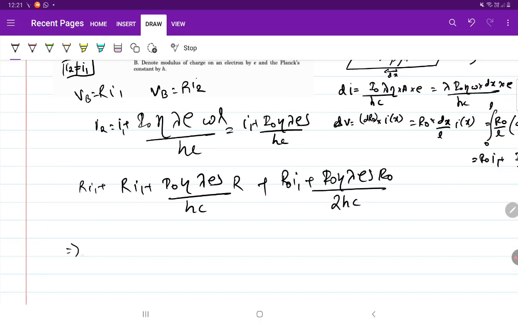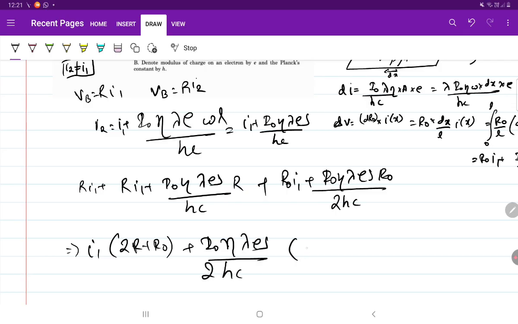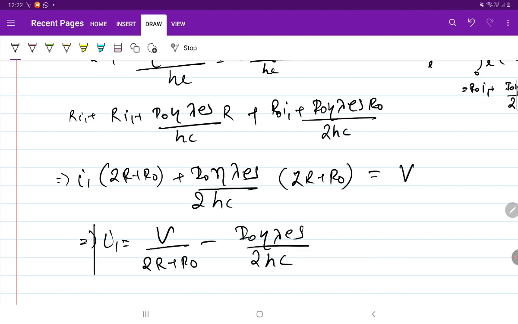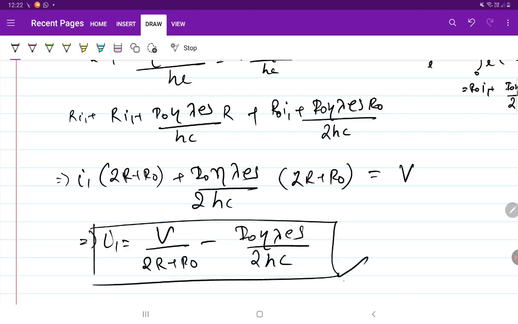Further evaluating, you will get I1 into 2R plus R naught, plus I naught eta lambda e s by 2hc into 2R plus R naught, is equal to V. Hence we get I1 is equal to V by 2R plus R naught, minus I naught eta lambda e s by 2hc, and hence we get our final result.